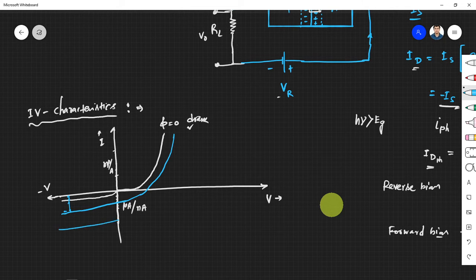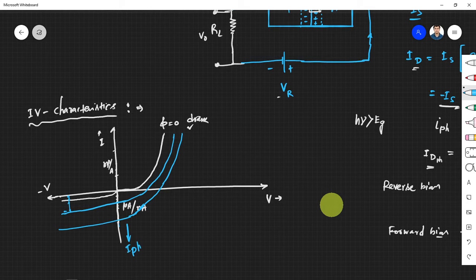Okay, so this zero point will be a little bit complicated. It's not as I draw, a very continuous straight line; there will be this knee voltage and all. You will be able to see that, but for simplicity I'm not drawing it, just showing you the shift along the y-axis. So this shift will be our IPH amount.